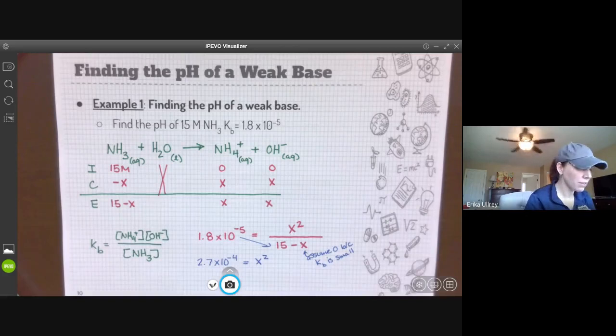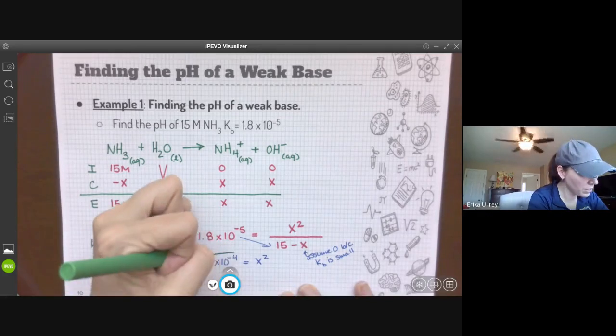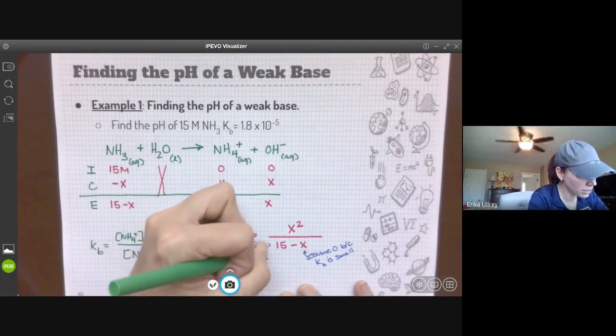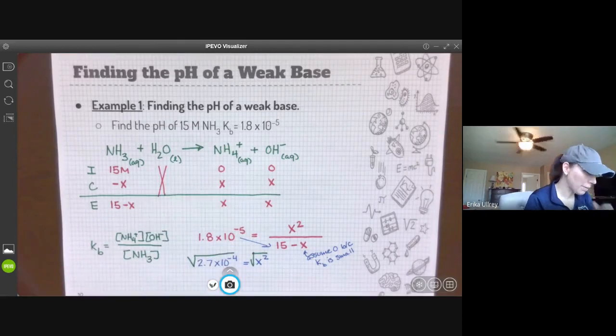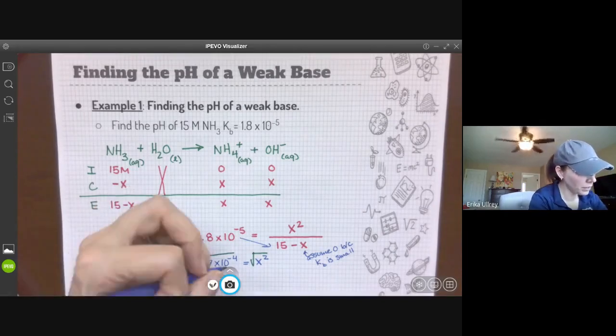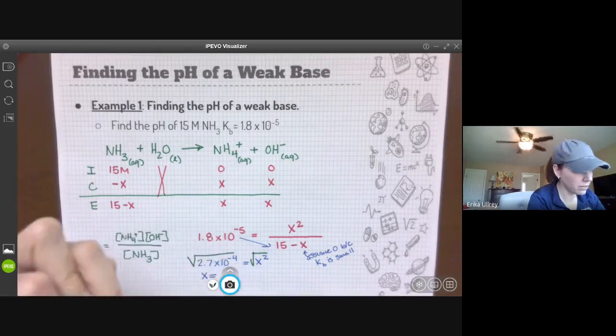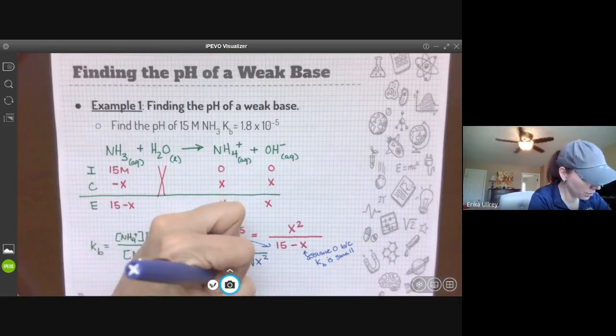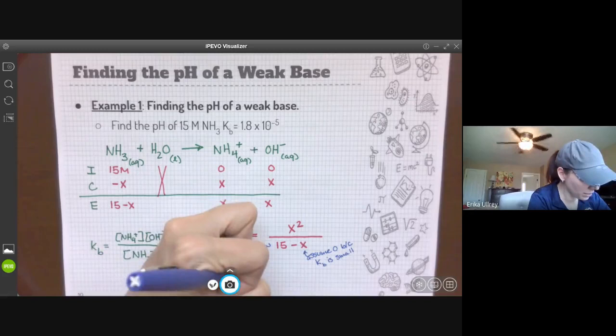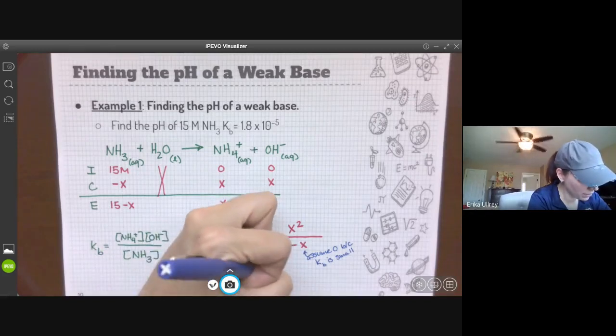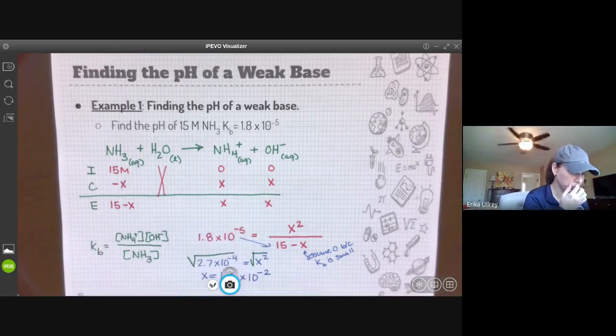So to undo that, we're going to take the square root of both sides. Okay. So if I take the square root of my value, x is going to equal 1.6 times 10 to the -2nd. Okay, so now I have my x value.